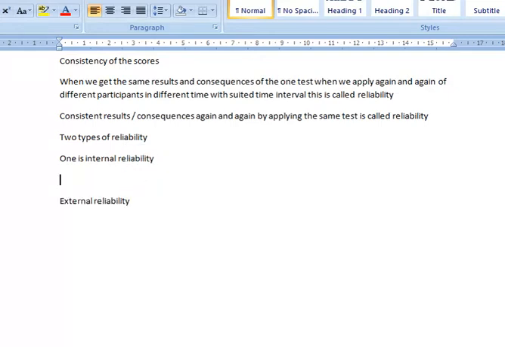Internal reliability is a type of reliability which deals with the measurement of inter-item correlation and checks the factors.